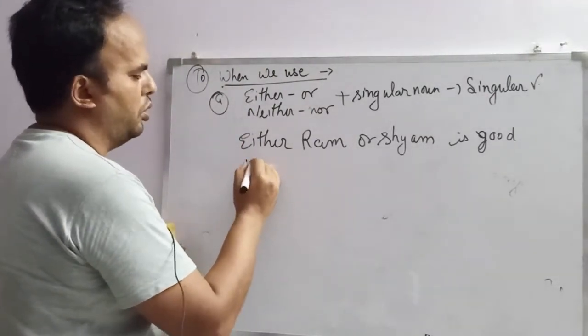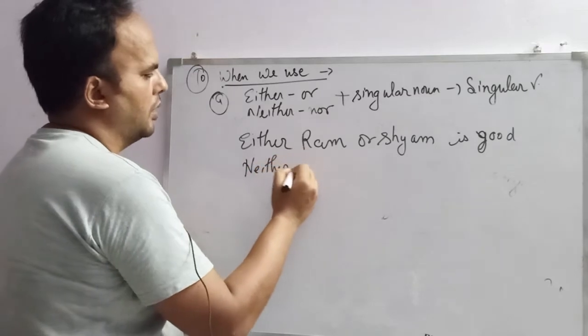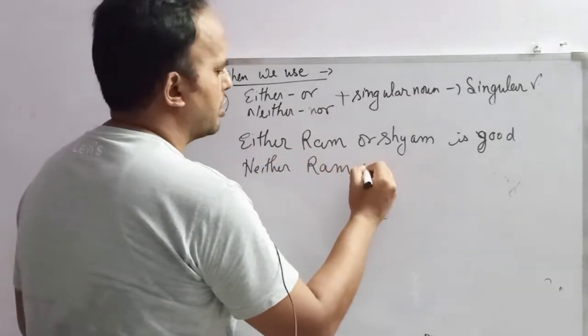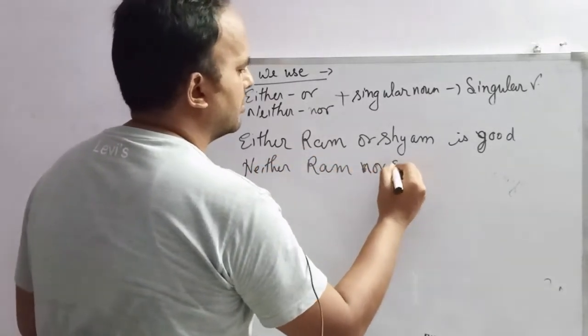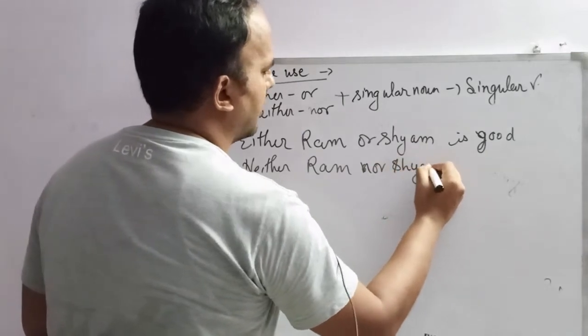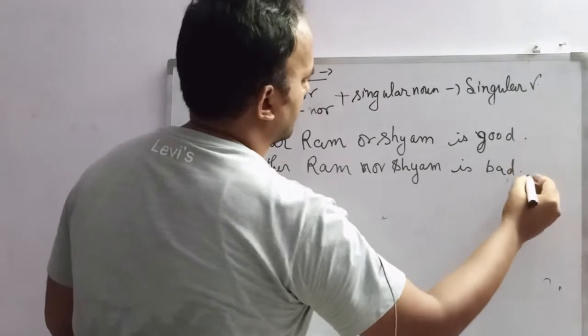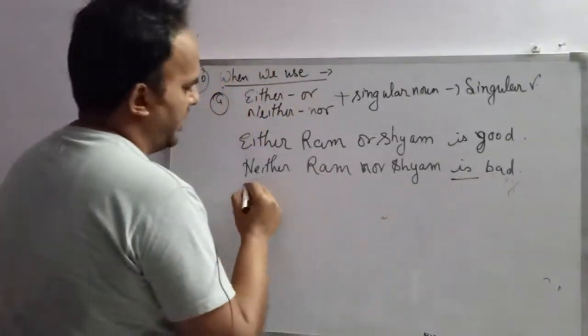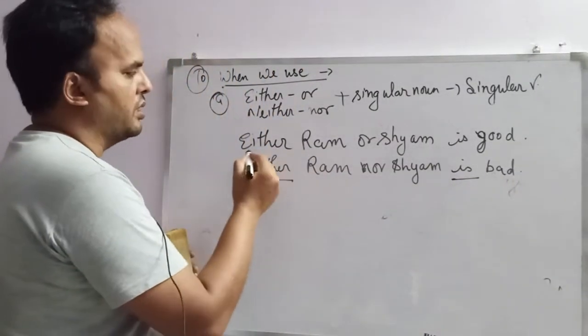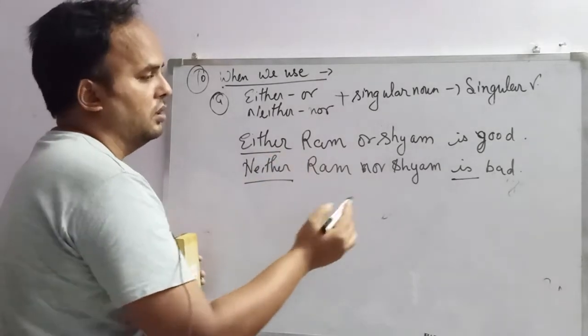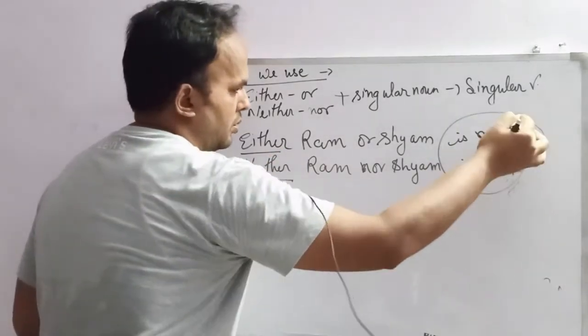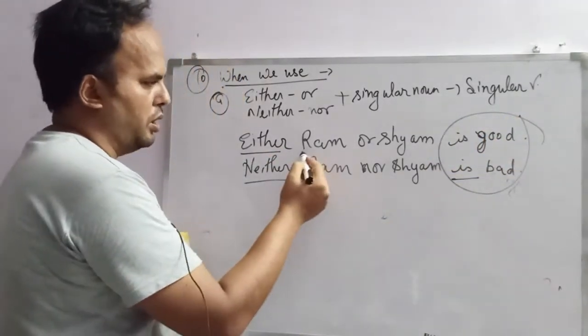The same thing I am going to use: neither Ram nor Sham is bad. No matter whether you are using either or neither, you are going to use a singular verb.